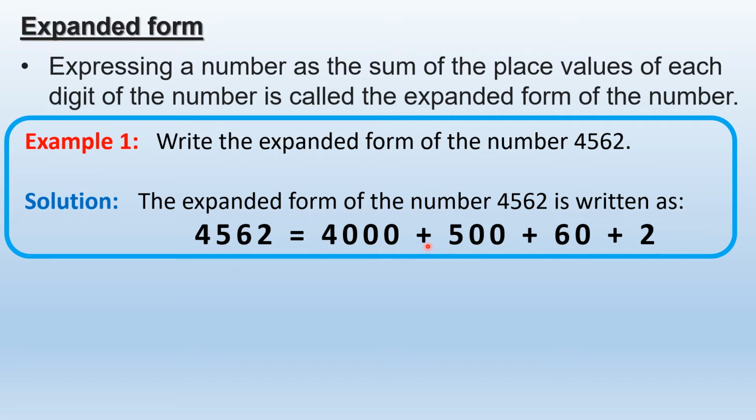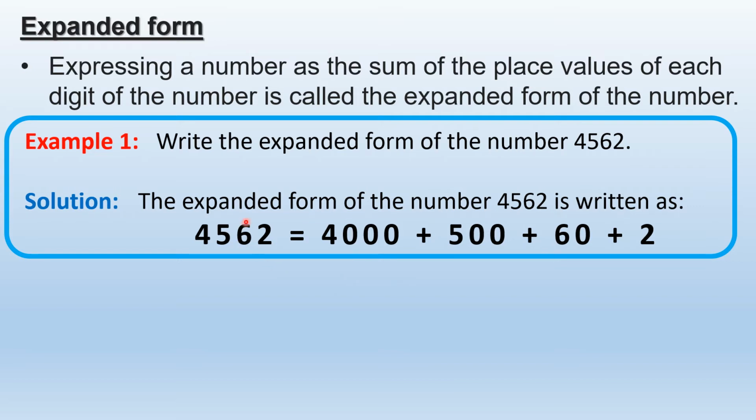We will put a plus symbol to separate the place values of each digit. Here the digit 5 is in 100's place, so we will write 500 here, and after that we will put a plus sign.